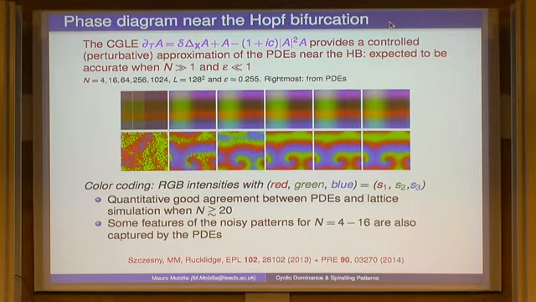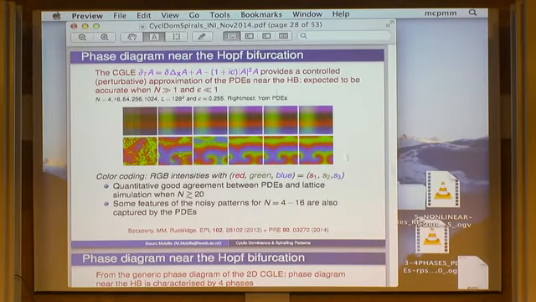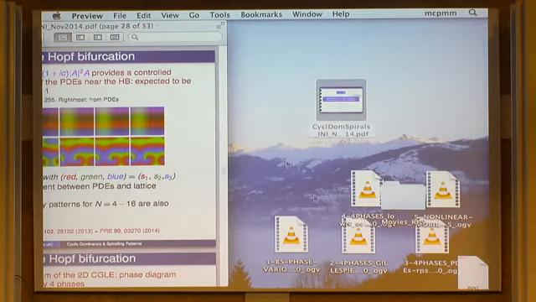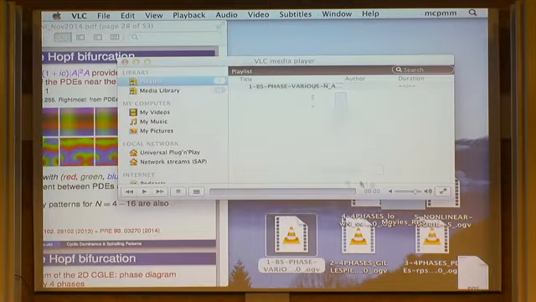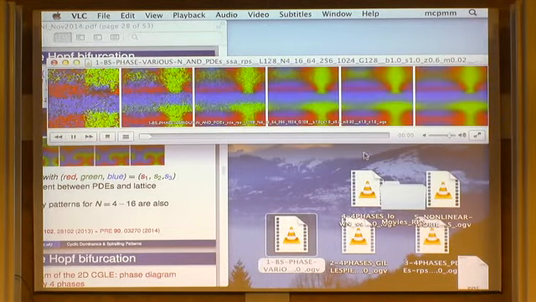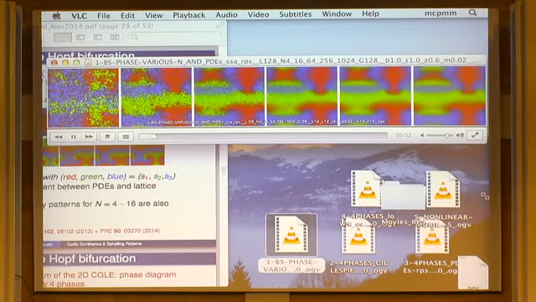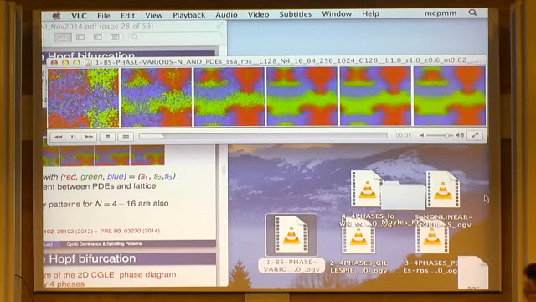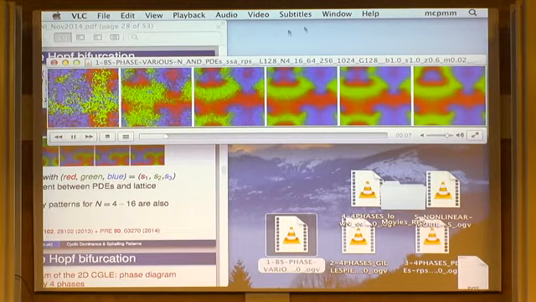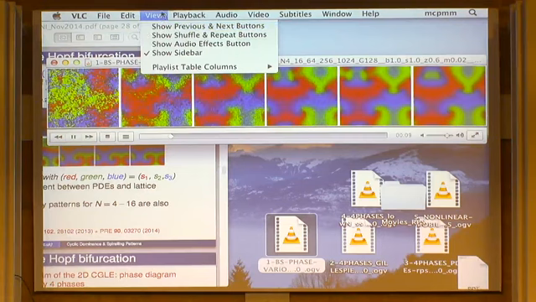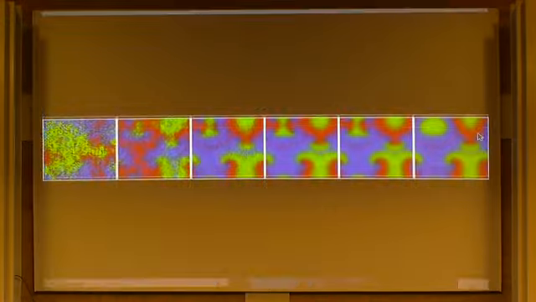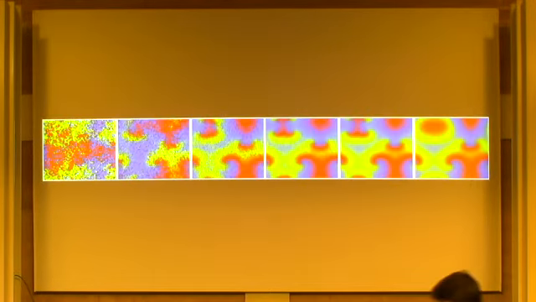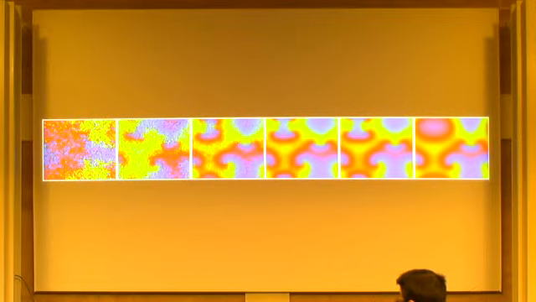So let me show you first what happens if everything works as it should. Here we have the lattice system for various values of n.